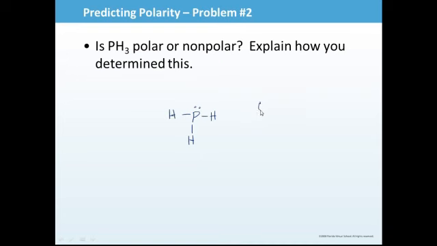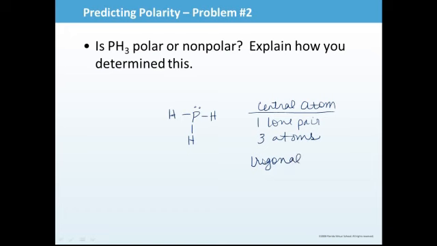So when we look at our central atom, we see that we have one lone pair of electrons. We have 3 atoms bonded to our central atom. And so when we look it up in our table, we see 3 atoms with one lone pair. This is going to be trigonal pyramidal.